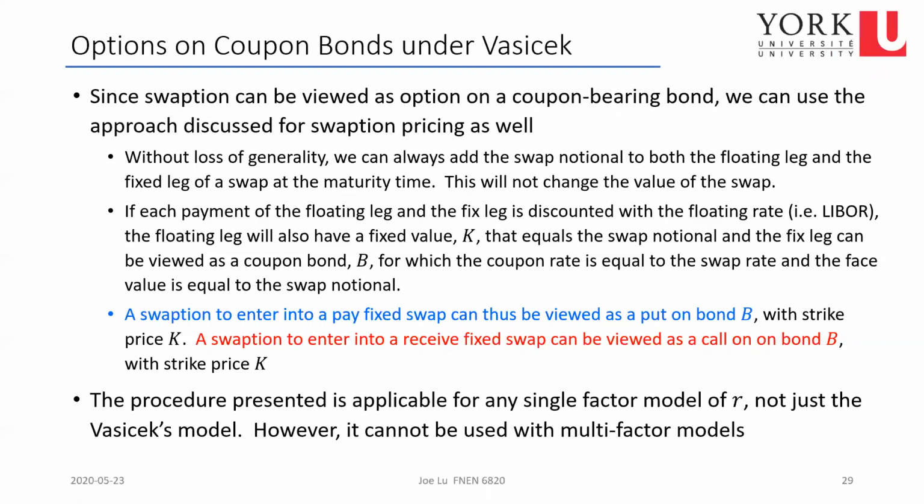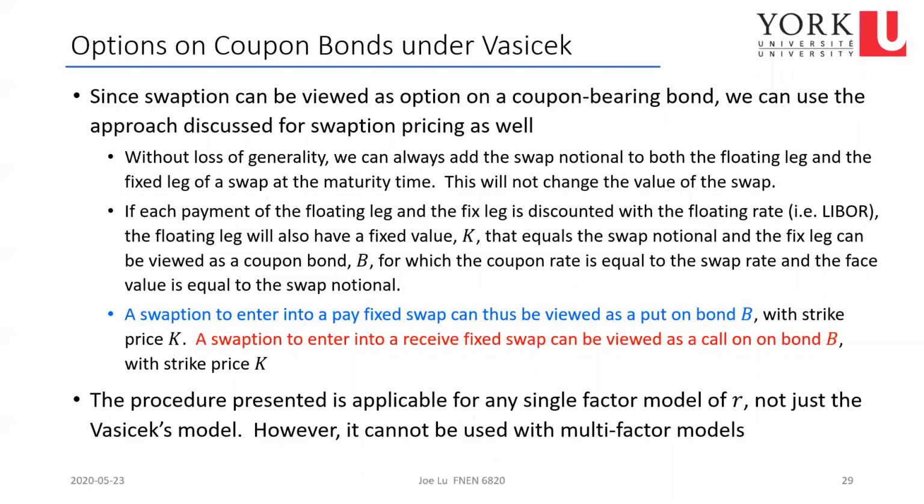But let's say you add $1 to both legs on the final date of the swap exchange. The floating side has to pay an additional $1 to the fixed side, and the fixed side has to pay an additional $1 to the floating side. They cancel out, so the value of the swap doesn't change.